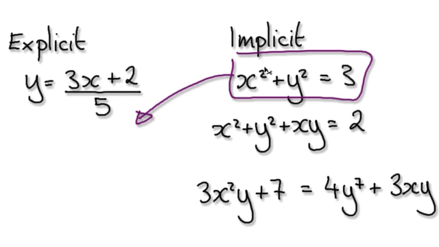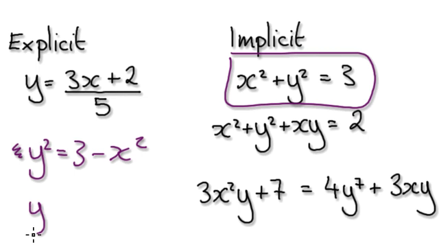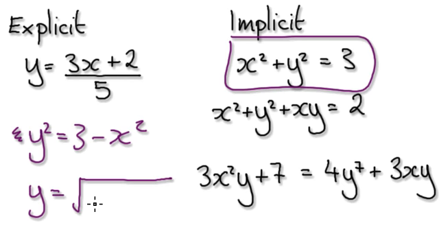Here, rearrange this to make y the subject. You could rearrange this so that y squared equals 3 minus x squared. We're not done there. Then you square root both sides, and don't forget you're going to have two versions, a positive version and a negative version.